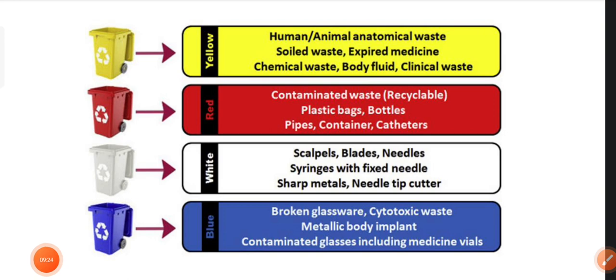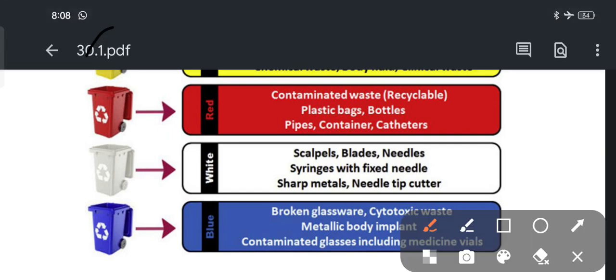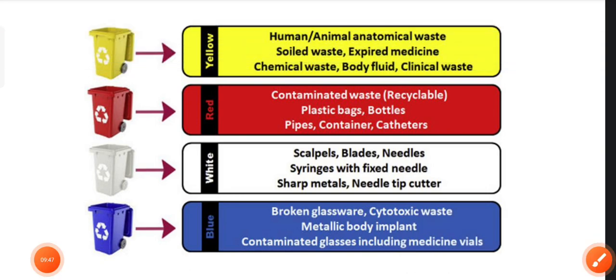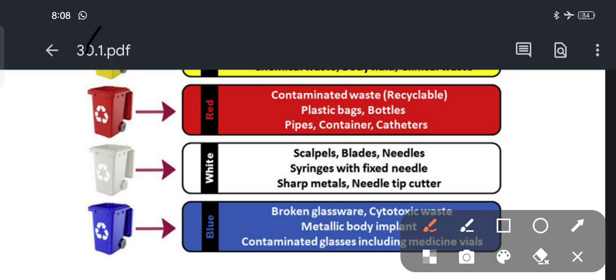So now we will see where we can dispose the biomedical wastage. We have color codings in our hospitals, and commonly we get confused with the color codings, so let's discuss this. Firstly, the yellow color bin. Here we have the basic bins.